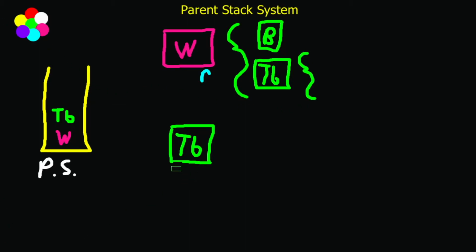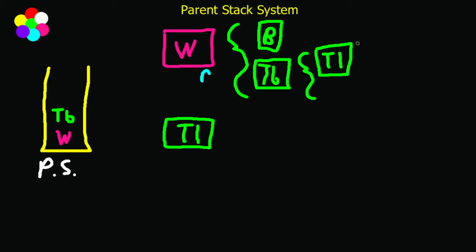So the next thing we add is tab 1, so we'll call it T1. Again, it's not a root, so it has to look at the parent stack. It looks and says, okay, tab bar's clearly my parent, and it's also a container too. So it's the same process, T1, and it's also a container.